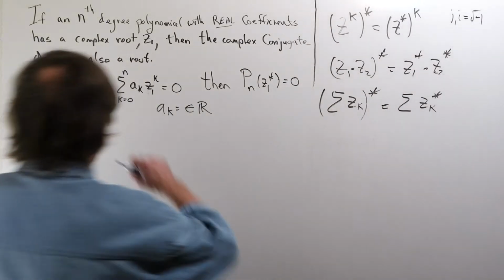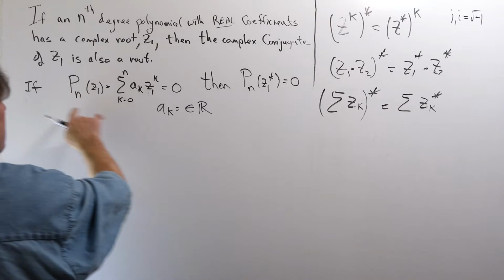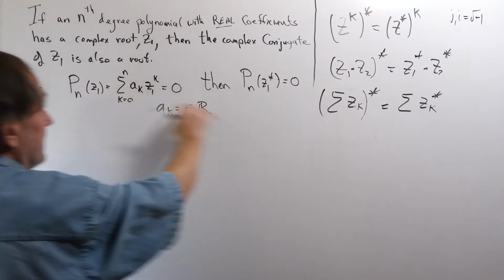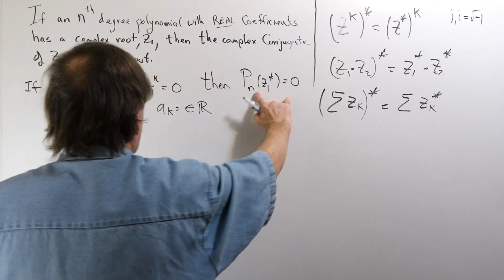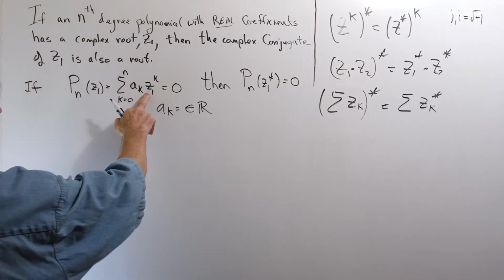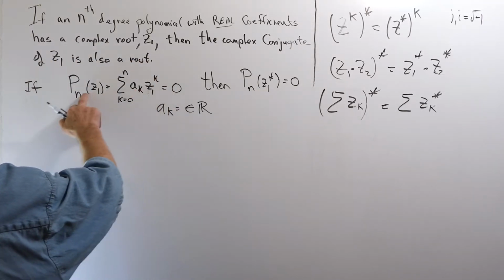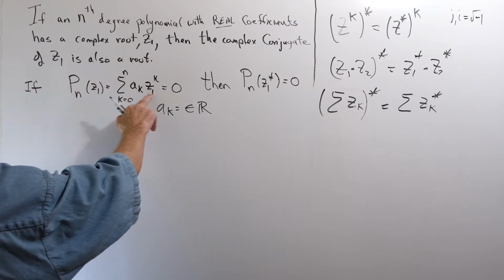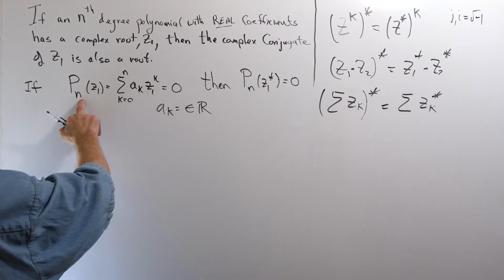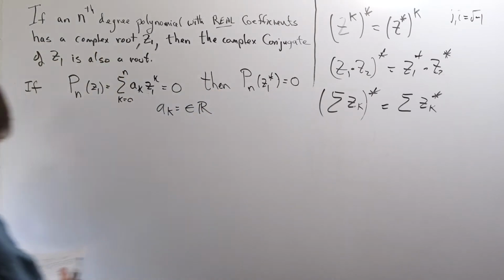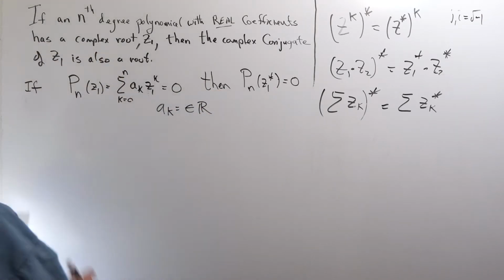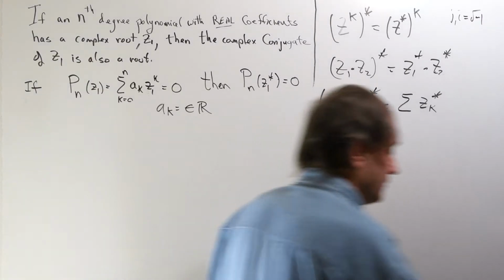All right, so what we want to do is we first start with this, and we want to end up with this here to show that if z1 is a solution to the polynomial equation p sub n equal to 0, then its conjugate also solves the equation.